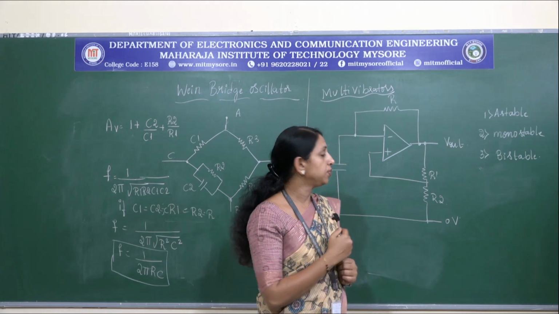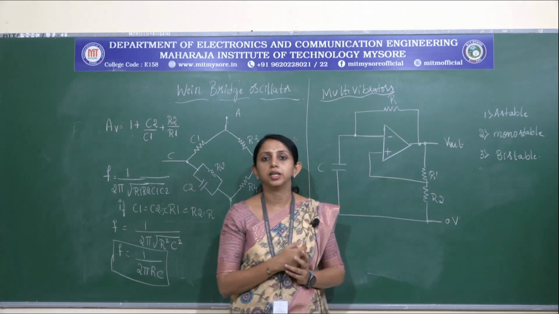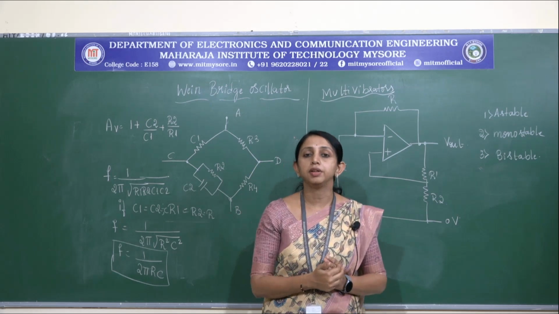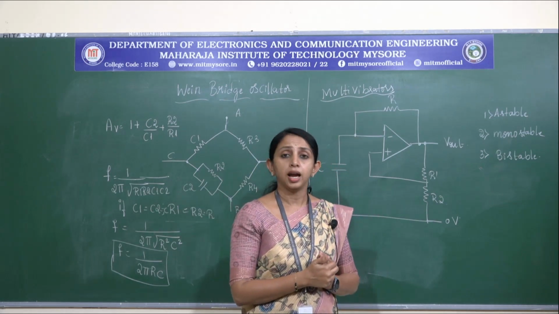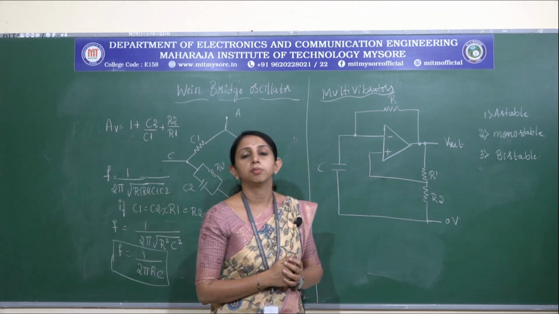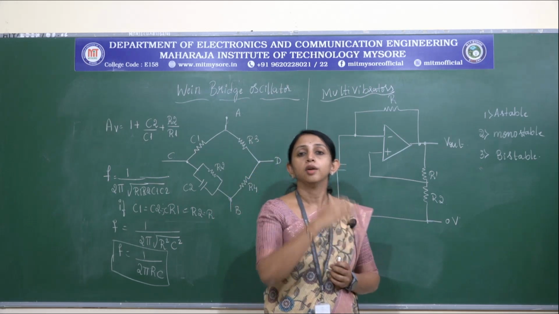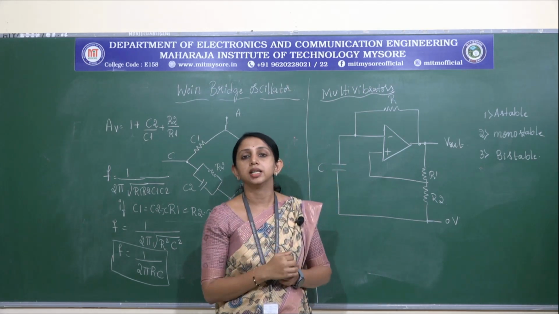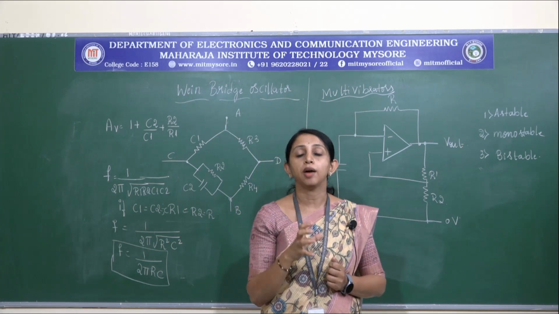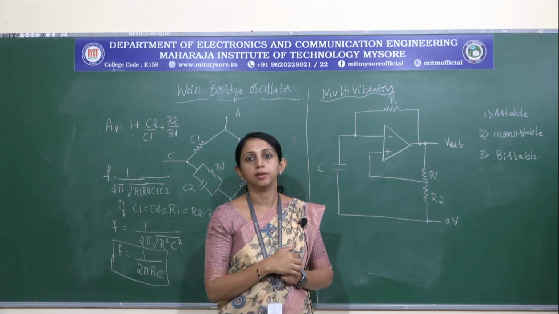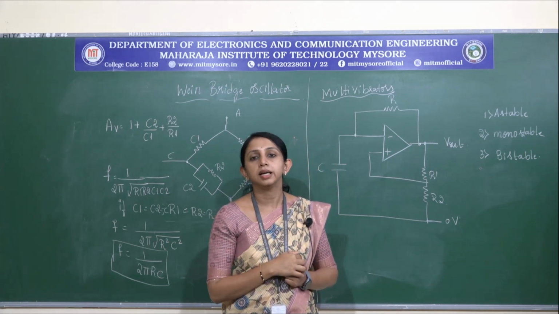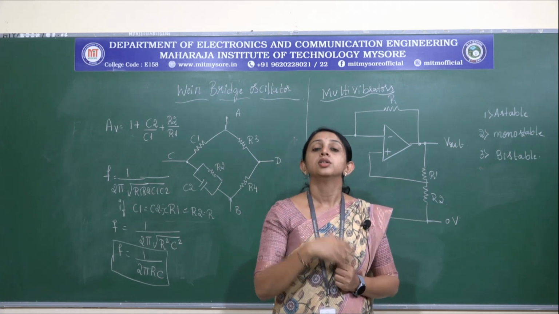Next we have the bistable multivibrator. Bi means it has 2 stable states, and in the bistable multivibrator, in order to change from one state to another state, the waveform should have a control signal. These are the types of multivibrators.